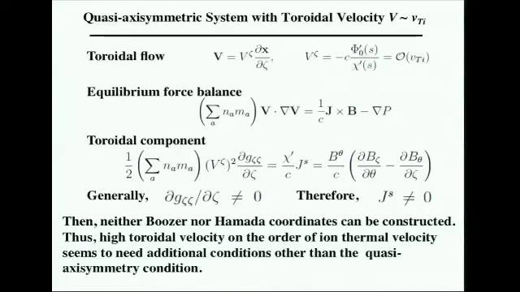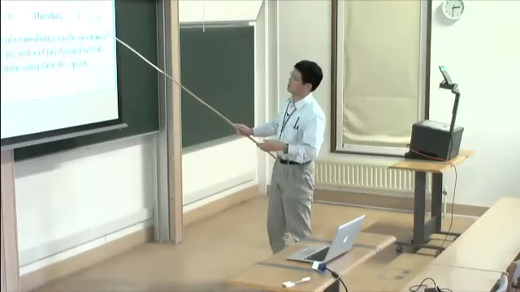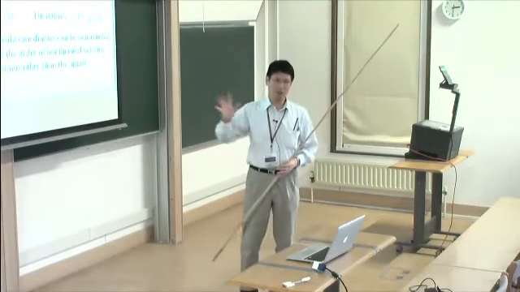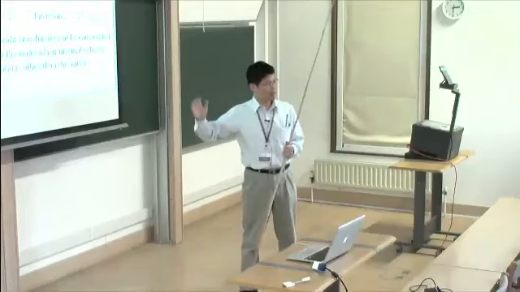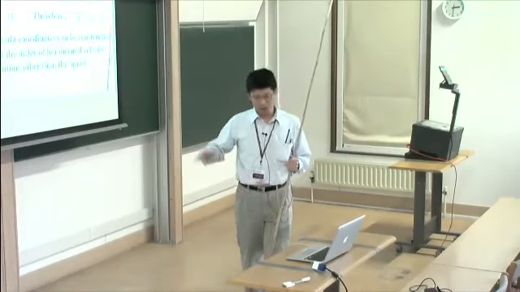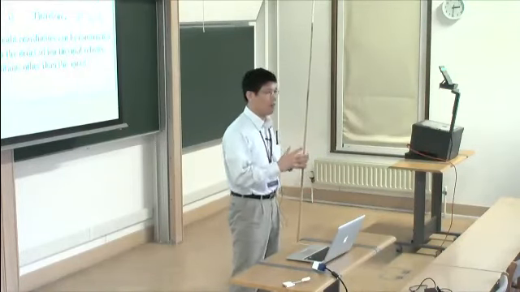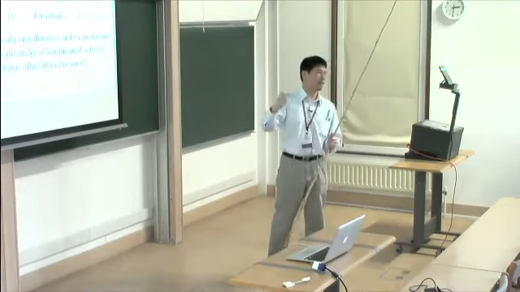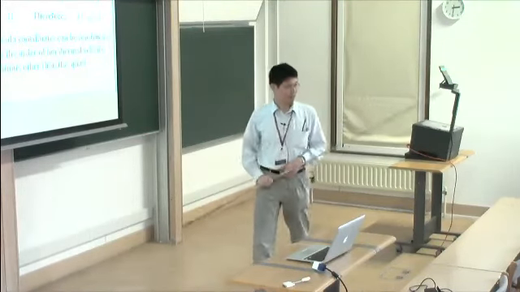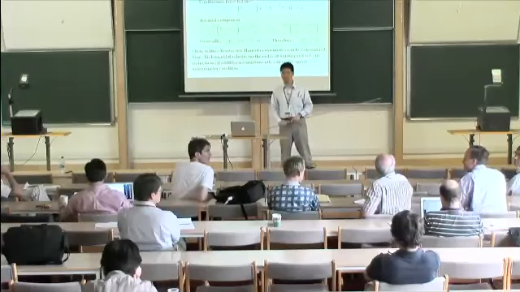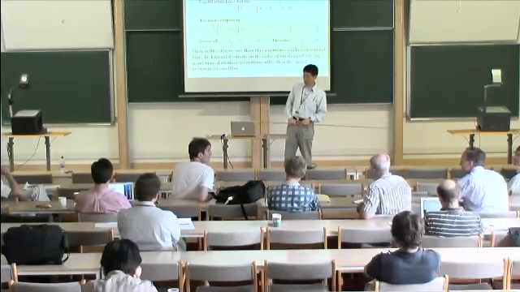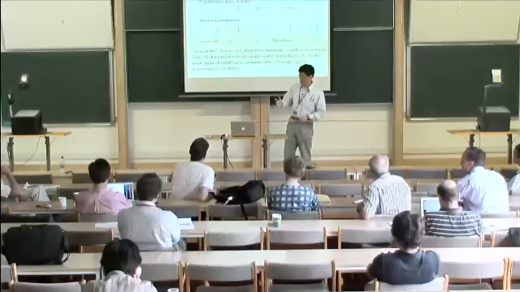And so I don't know what kind of coordinate should be used for this kind of system. So still, I am not so sure about the existence of a good toroidally symmetric coordinate. If beta is small, it will be approximately the same coordinates. Okay.